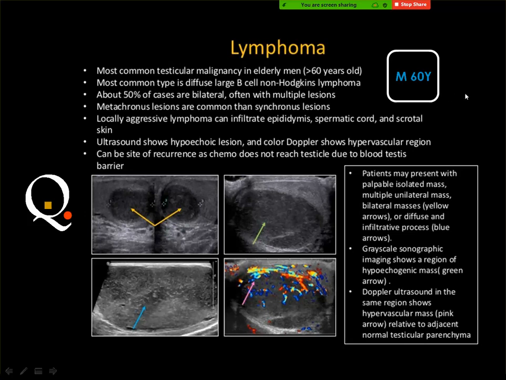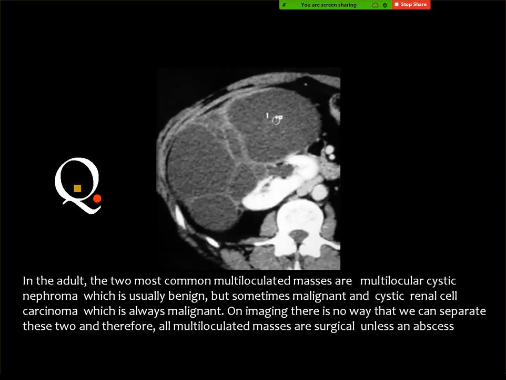But lymphoma is the tumor of the elderly and is almost always seen above the age of 60 years, and in about 50% of the cases the tumor is bilateral, and you got two solid masses in the testes. You can see the vascularity, and this indicates that this is a malignant lesion. The possibility of lymphoma is highly considered.